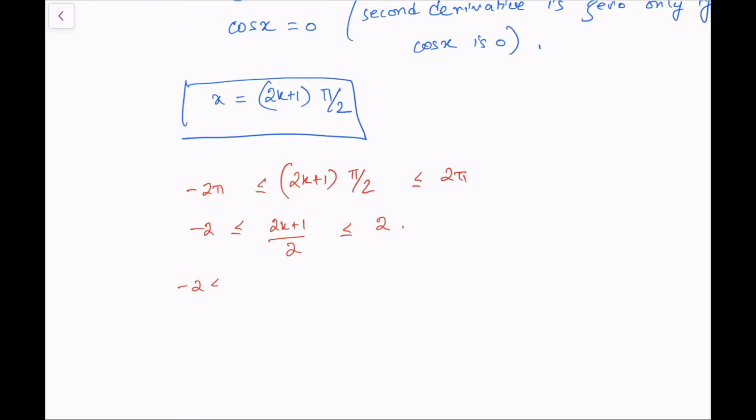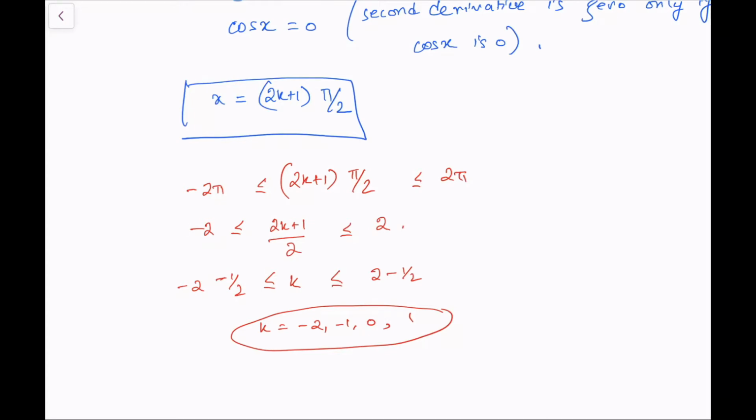So basically negative 2 minus half is less than or equal to k less than or equal to 2 minus half. So in this case we get k equals negative 2, negative 1, 0 and 1. Realize k is an integer, right? So we are only worried about the integer values of k.